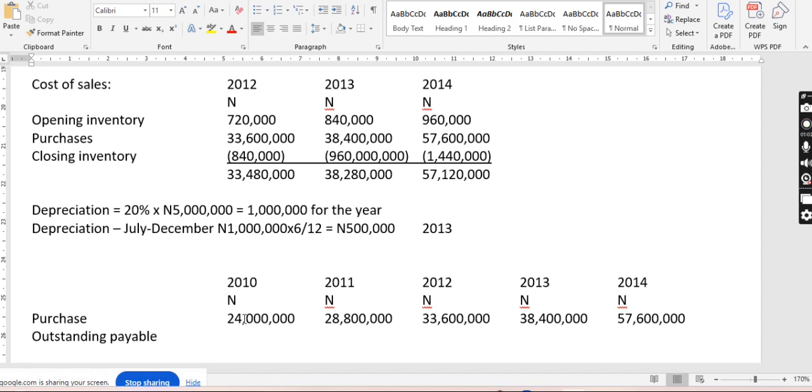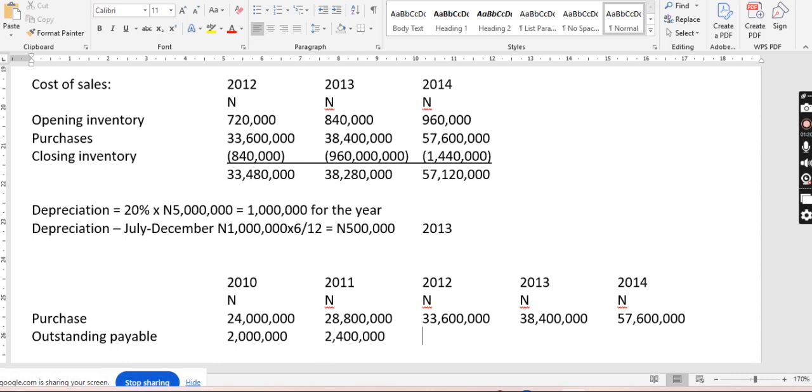Is that not so? So what is the monthly purchases? Quickly, give me the figure. 2 million. 2.4 million.